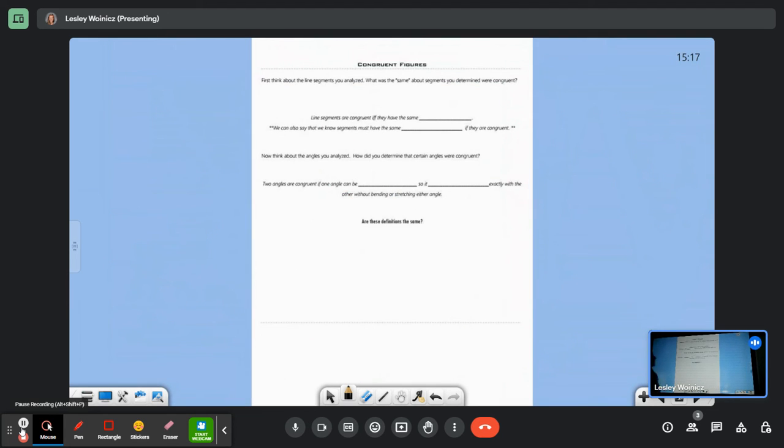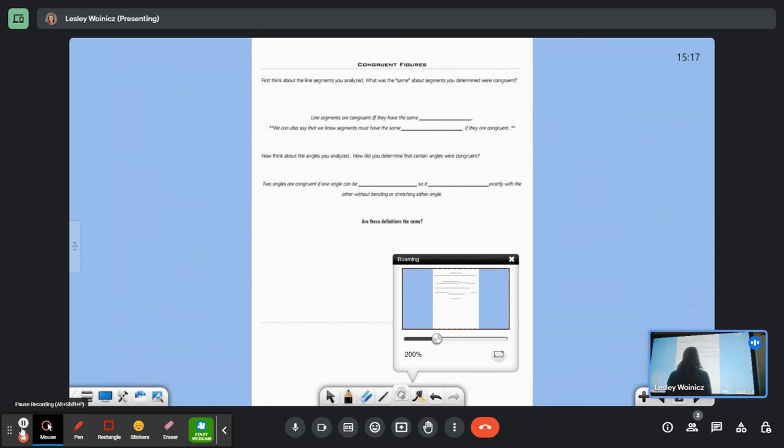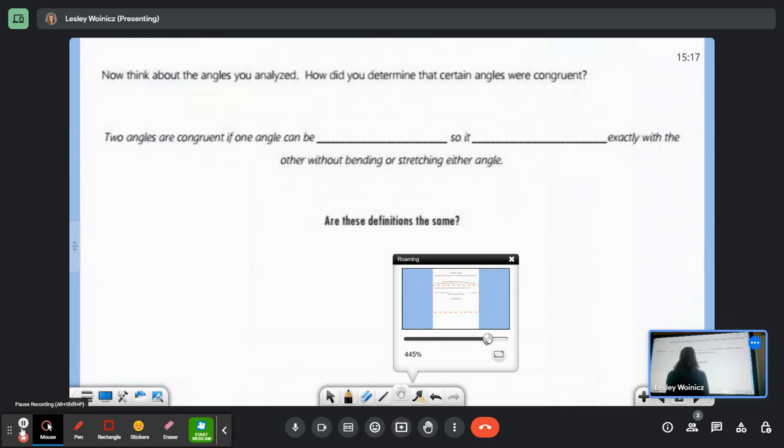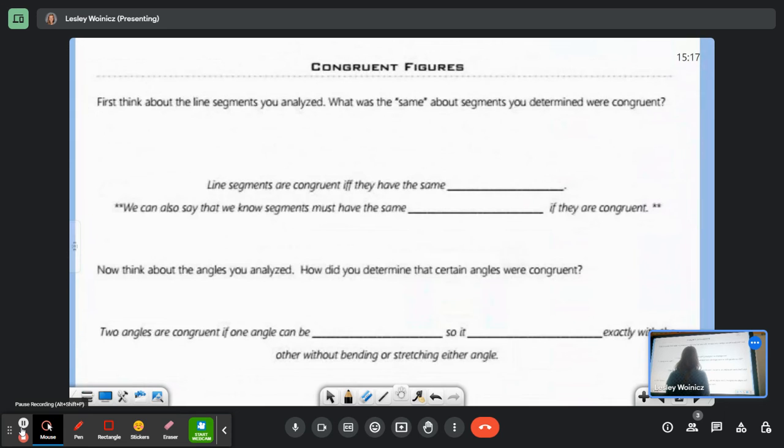All right, let's talk about some stuff for congruent figures. Okay, thinking about the line segments that you analyzed, what was the same about the segments? Did they have to have the same orientation in space? Like, could they go like this? Okay, so they did not have to be oriented the same. What did have to be the same?